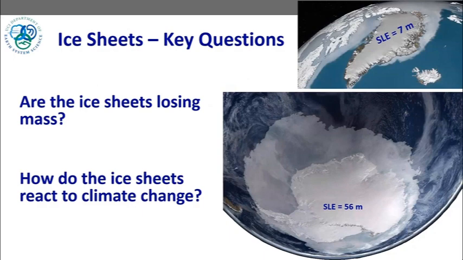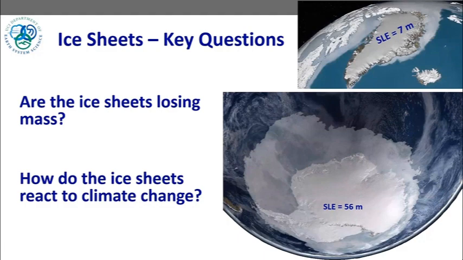We are talking about ice sheets with respect to the observational record, and I guess we could boil it down to two key questions. The first one is, are the ice sheets losing mass? And the second one is, how do the ice sheets react to climate change? Ice sheets, by definition, are defined by size, and there are two ice sheets on planet Earth. One is in Greenland, the other one in Antarctica.